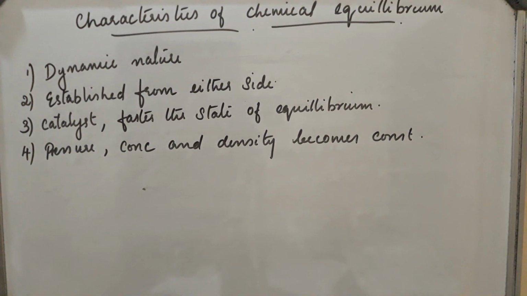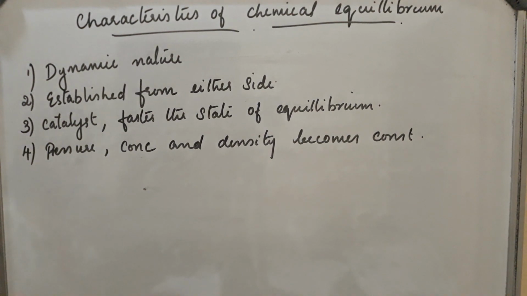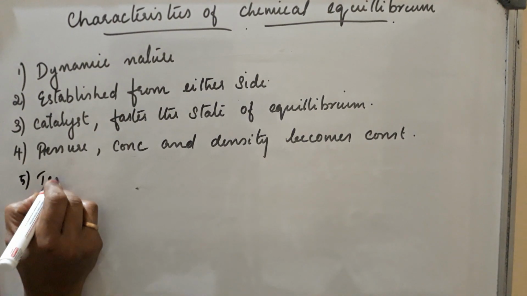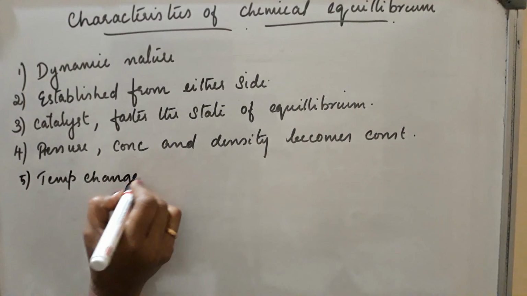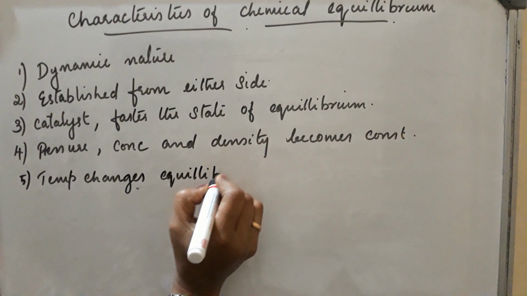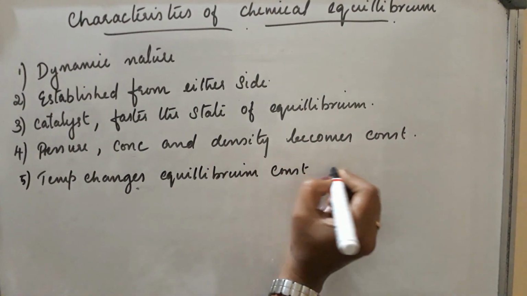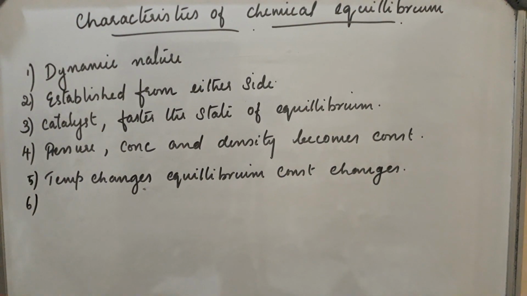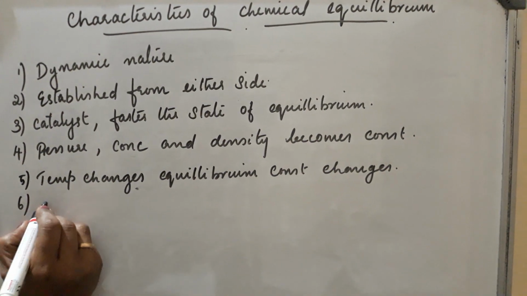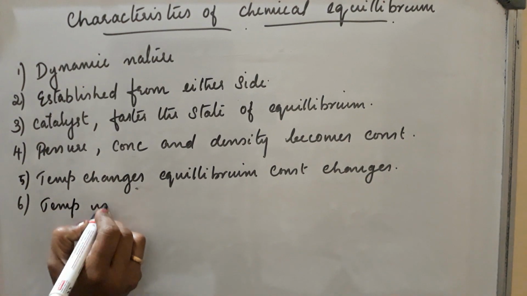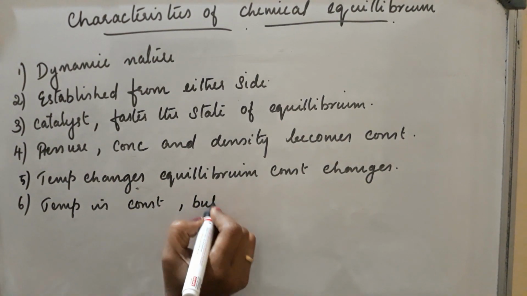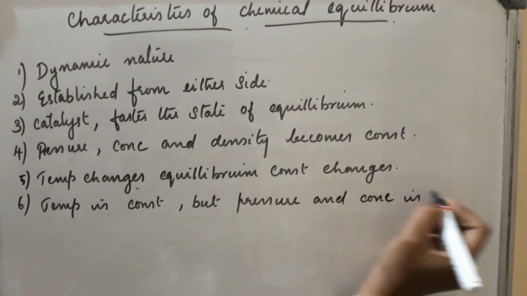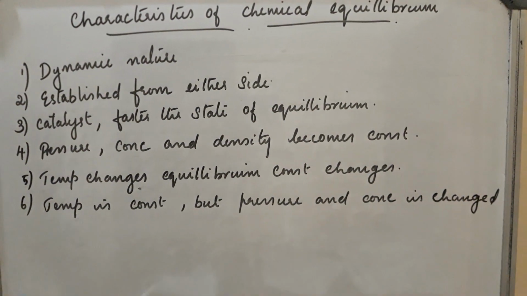Now, temperature is constant at chemical equilibrium. If temperature changes, the equilibrium constant also changes. Next point. If temperature is constant, but pressure and concentration are altered, what happens?